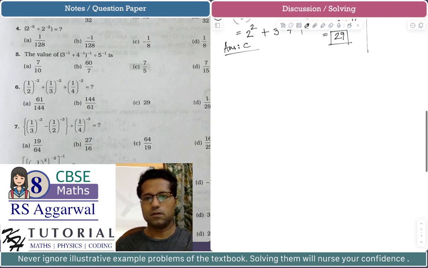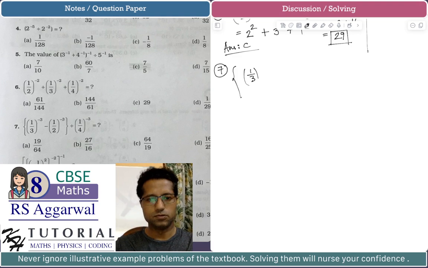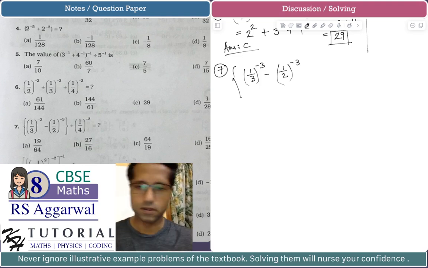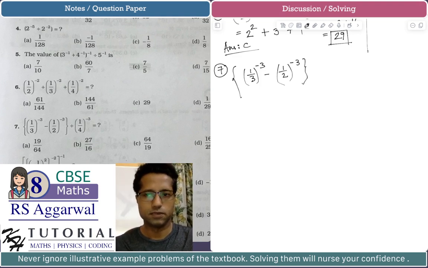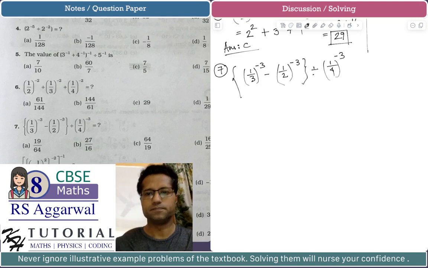Okay. Problem number 7. We have to evaluate the given expression: first (1/3) raised to the power minus 3 minus (1/2) raised to the power minus 3, so we have a difference of two exponential numbers, divided by (1/4) raised to the power minus 3.